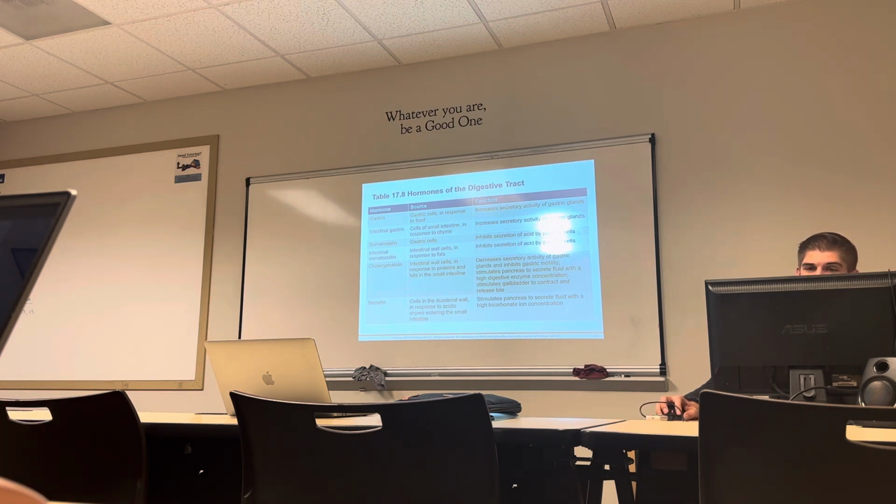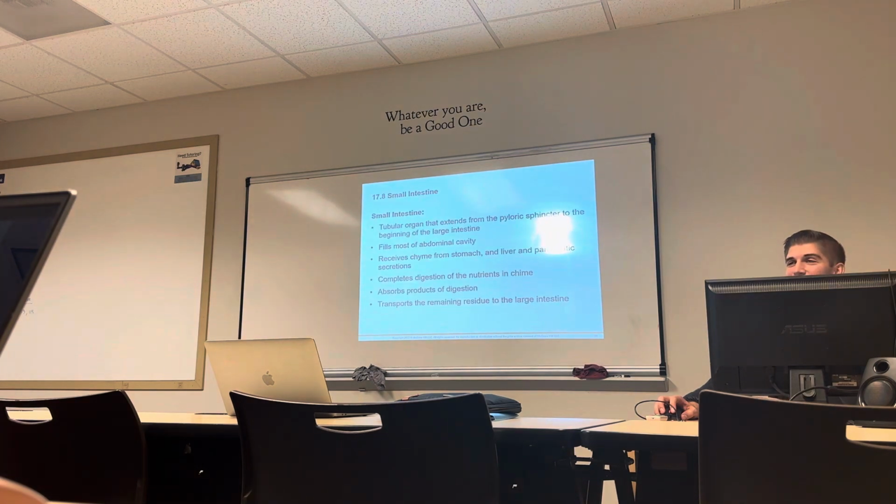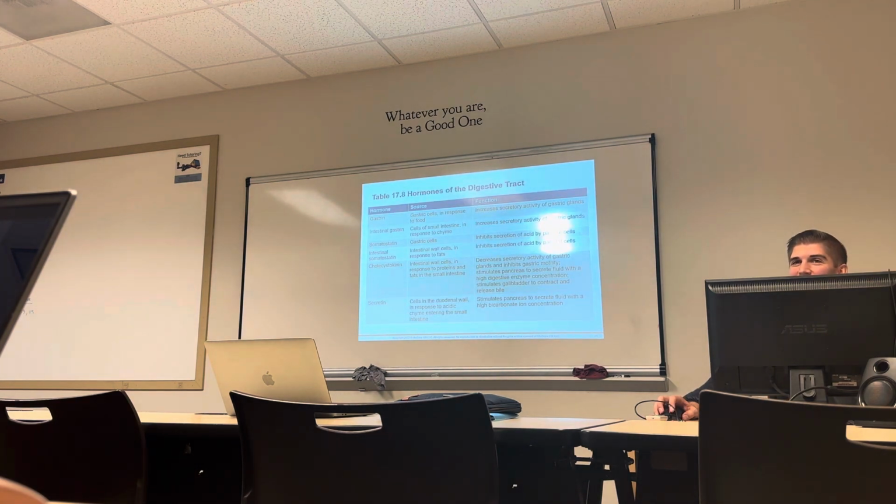It decreases secretory activity of the gastric glands and motility goes down, stimulates the pancreas to secrete fluid with enzymes, and stimulates the gallbladder to contract and release bile. Gallbladder, pancreas, stomach. And secretin, secreted by the cells in the small intestine, the duodenal wall, makes the pancreas secrete juice with bicarbonate. And that's everything.